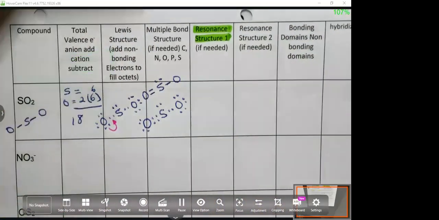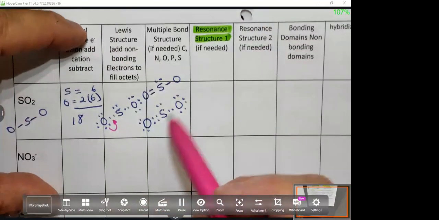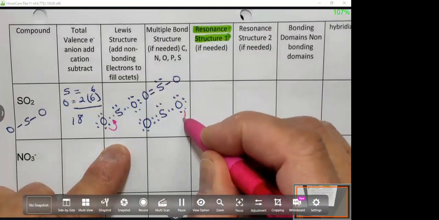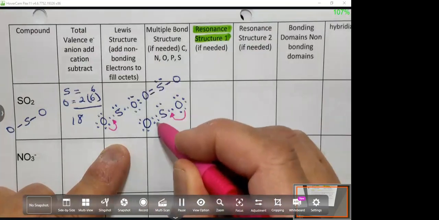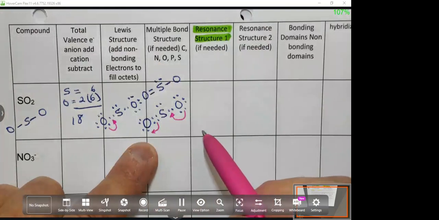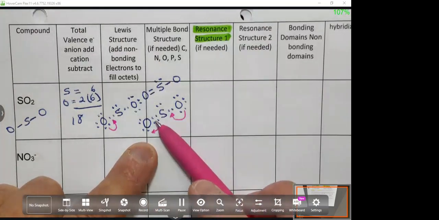So for resonance, you would maybe agree that if we dropped in this double bond here and took this double bond back out, then we have a double bond here and a single bond here, correct?